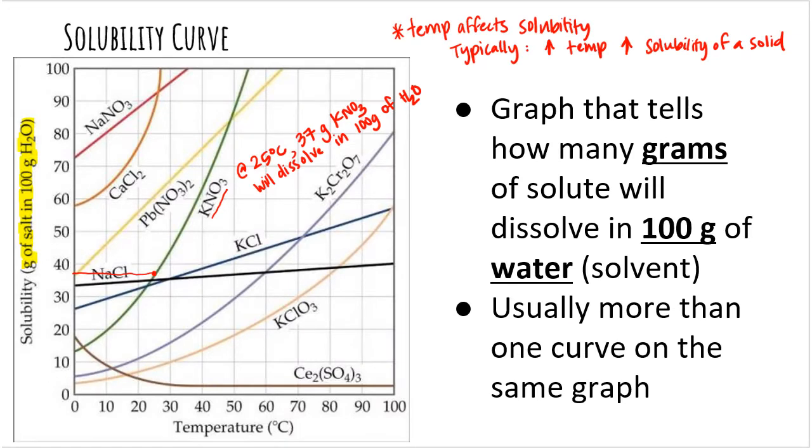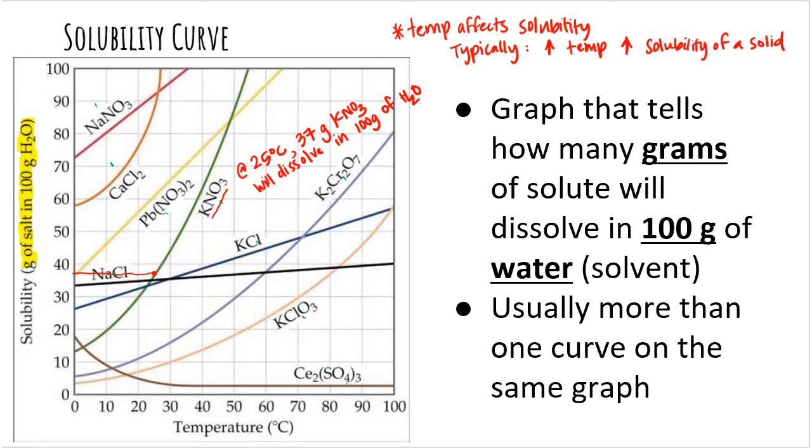So we have something called the solubility curve. And a solubility curve is a graph that tells us exactly how many grams of each of these different substances. So on this particular solubility curve, we have 1, 2, 3, 4, 5, 6, 7, 8, 9 different substances listed.